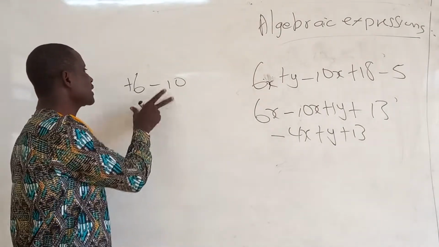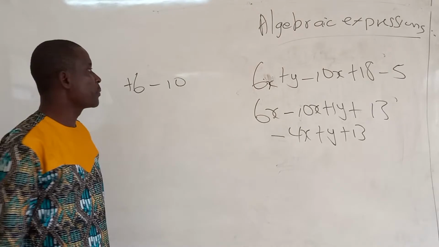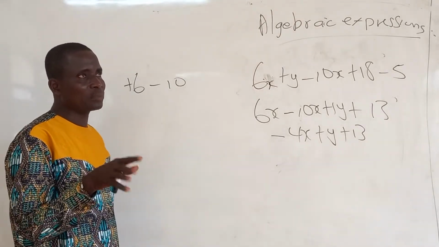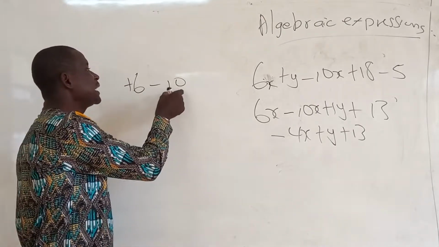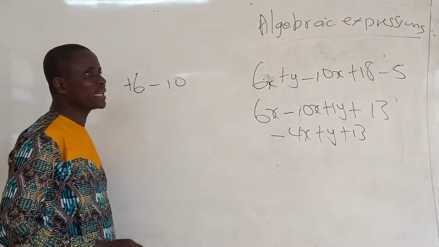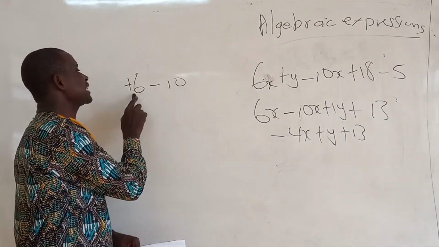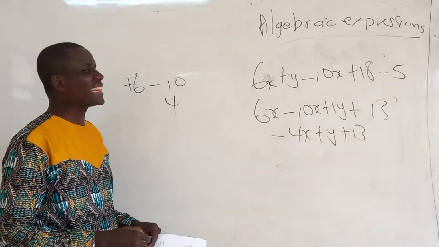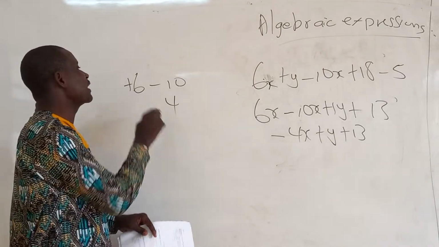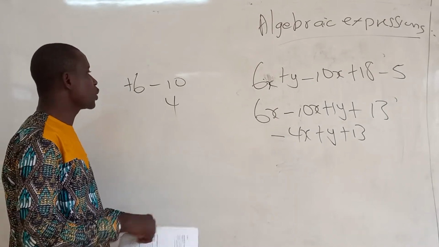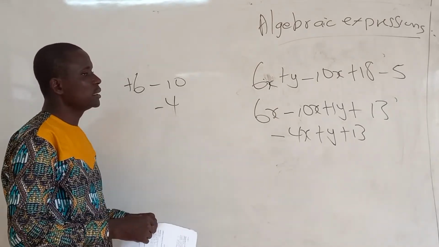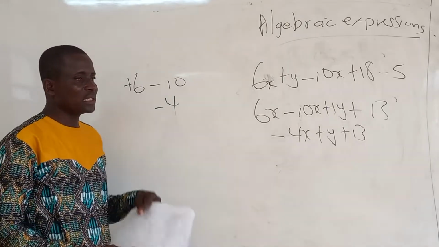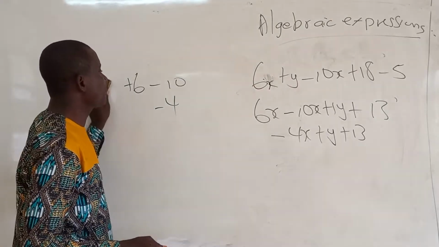What is the greater number? The greater number is 10, I'm talking about the absolute value, and the smaller number is 6. If I subtract 6 from 10, I get 4. Then I attach the sign of the greater number to the result. The sign attached to 10 is negative. Therefore, I have negative 4.